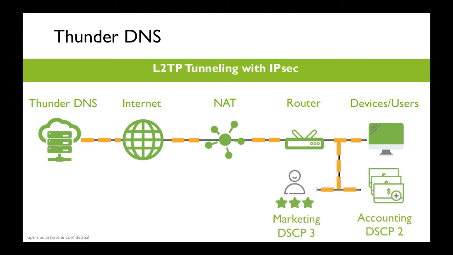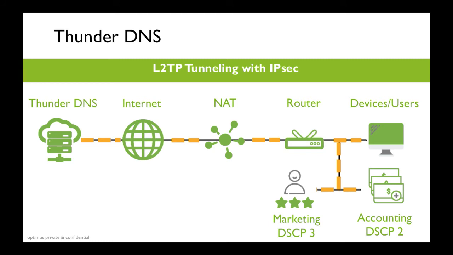You can set up custom filtering settings on each device that has an assigned L2TP tunnel. This allows for granular content control down to the specific device. Within L2TP, we allow for up to 64 unique DSCP markings per device, and there is no limit to the number of custom templates that can be created.